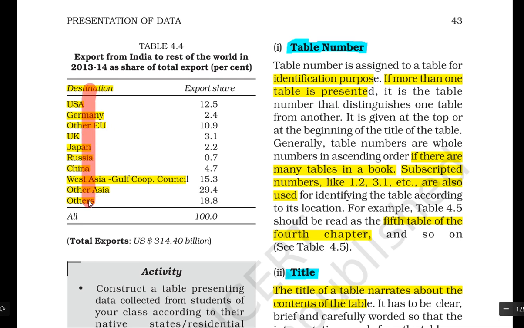These places are used to classify the data, and according to the place the data is given. For example, the export share of USA is 12.5%. Export share of Germany is 2.4. So this data is based on various classes which are a place or a space. That's why it is called spatial classification.